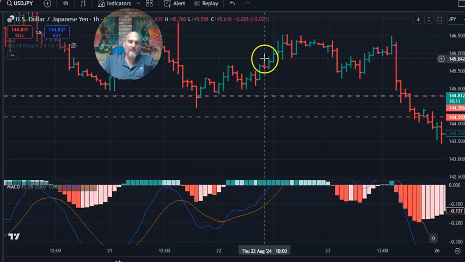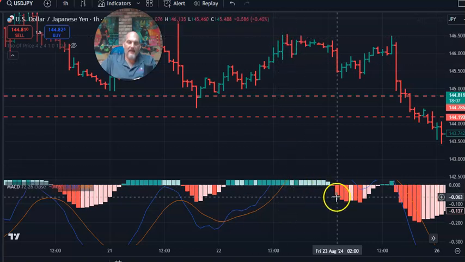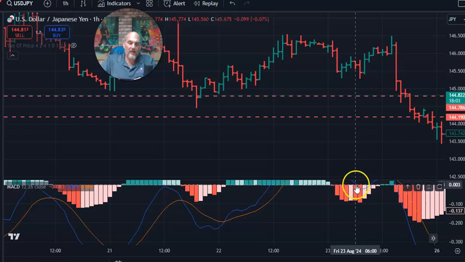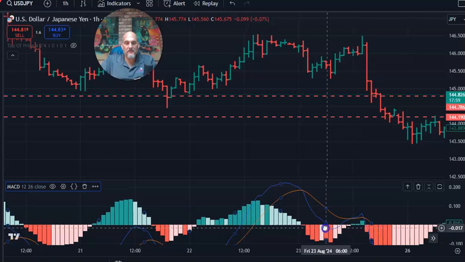Then you start talking about divergences, where the marketplace has a high, yet the moving average convergence divergence hasn't shown that it's a high yet, so you have a divergence trade. In my opinion, it's not that serious and has never made any big bang for the money that you're risking.